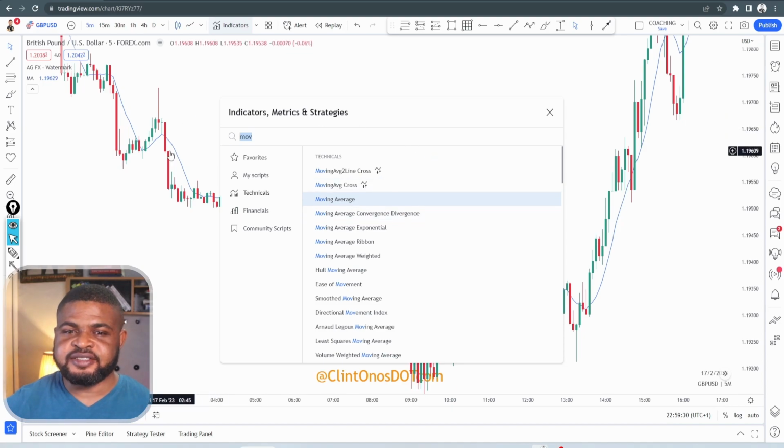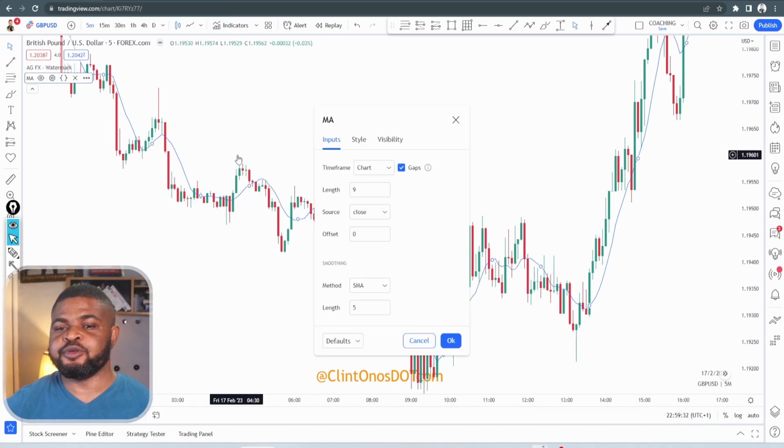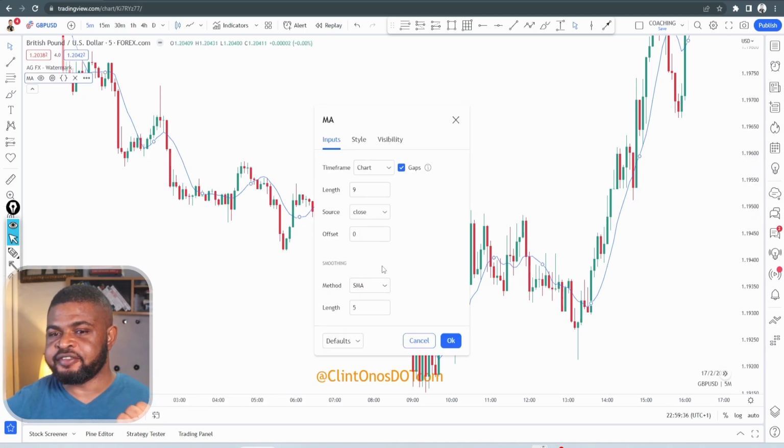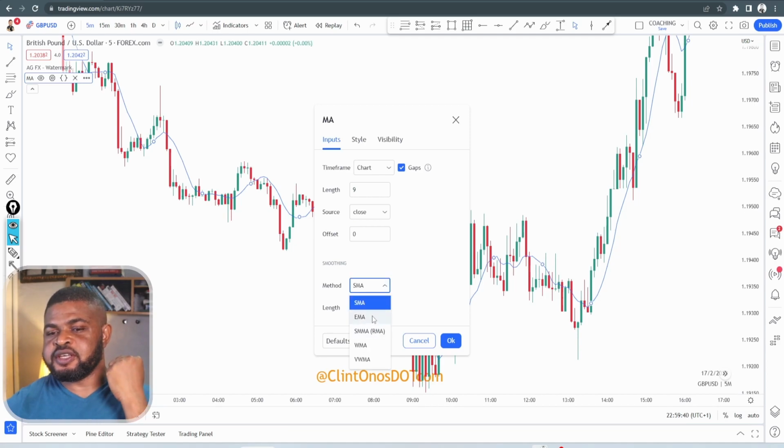You add it, then you can double click on it to bring the settings up. Here you can choose either exponential or weighted moving average like we explained earlier.